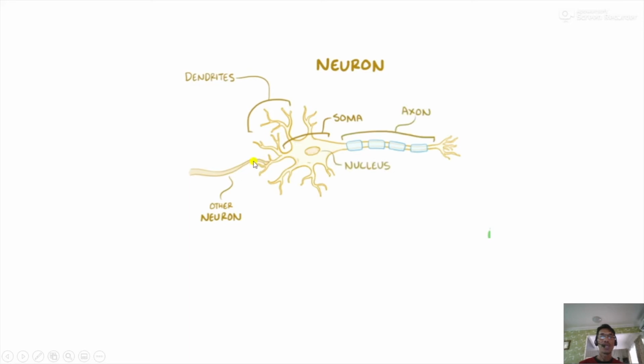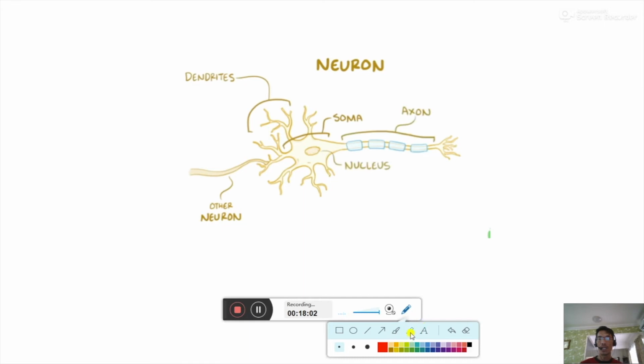If this is a dendrite from another neuron, they connect here, so this is a synapse. Let me circle it. These are synapses.